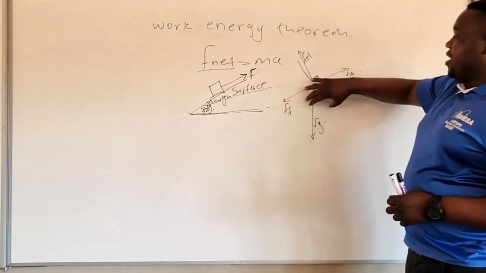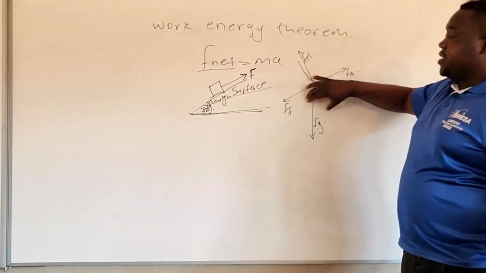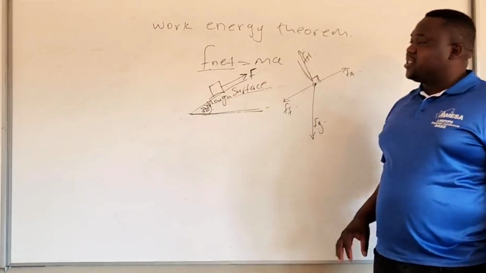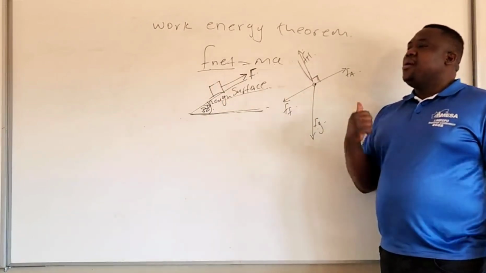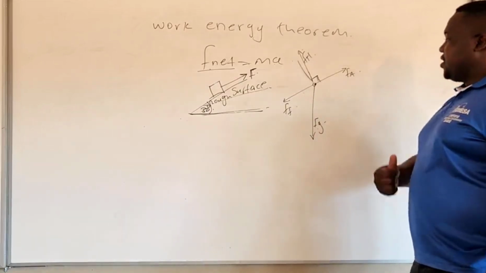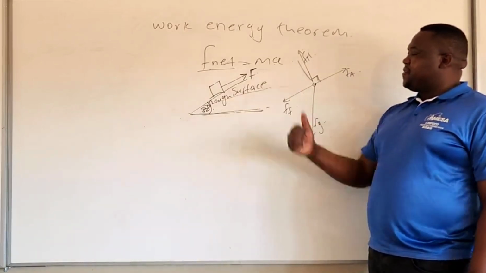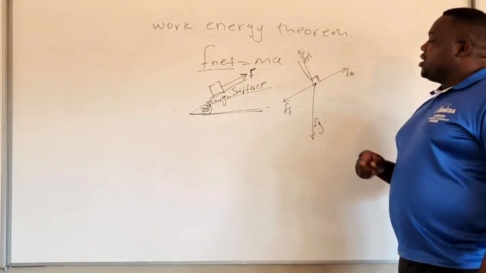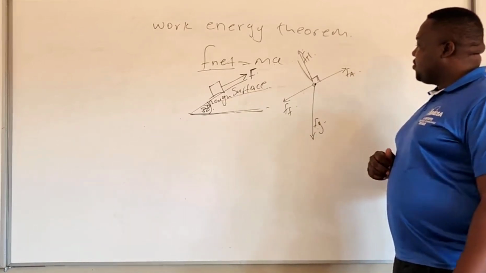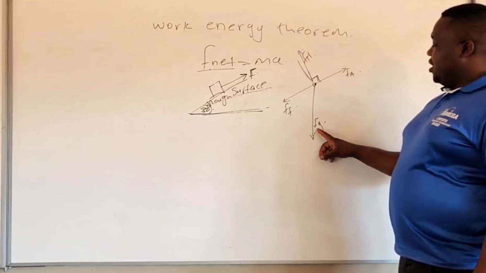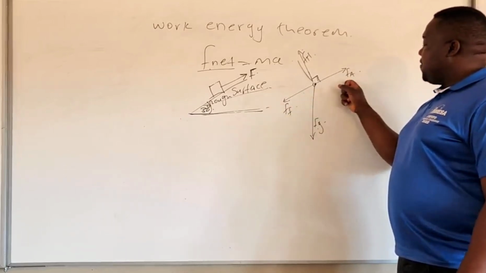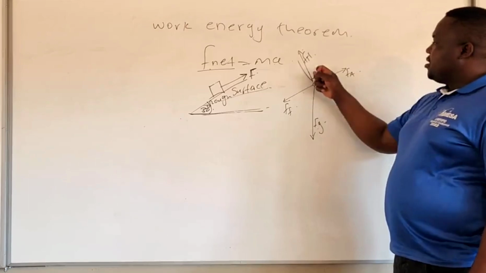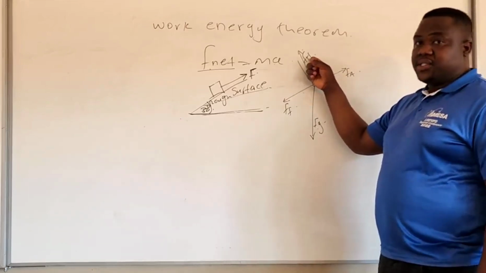So you can see from this diagram the forces that are acting on this object, the box, which is being pulled up by a force F. Here are the forces which are acting on the box: frictional force, applied force, gravitational force, normal force.